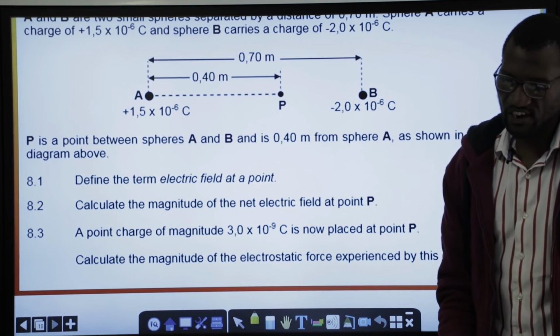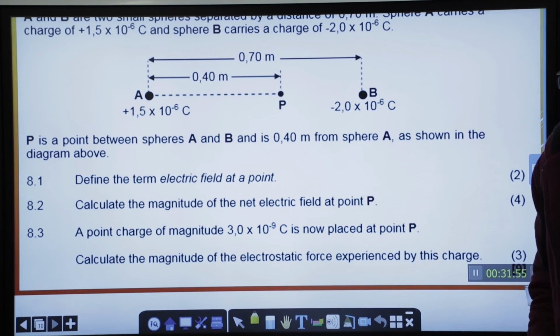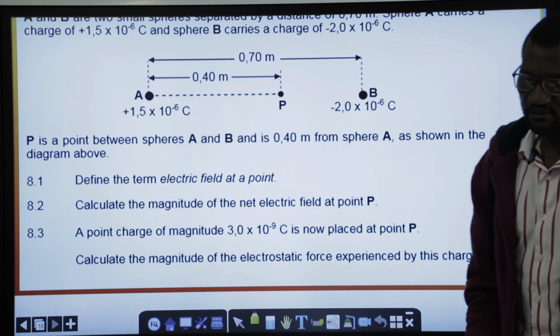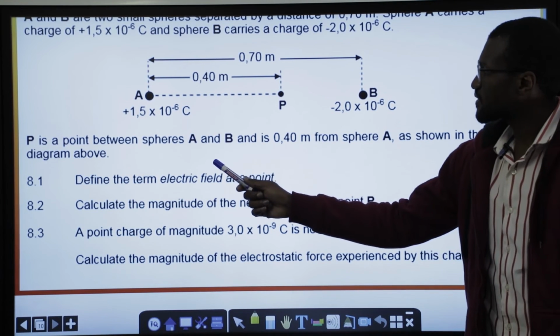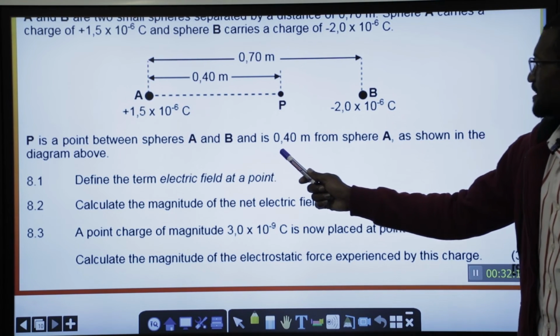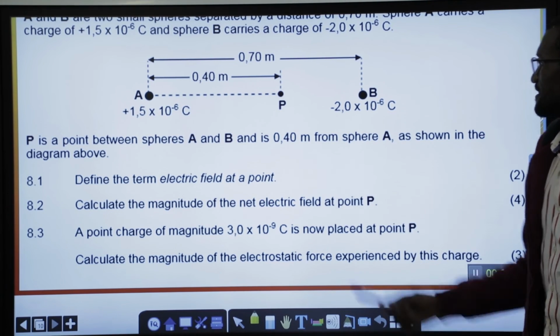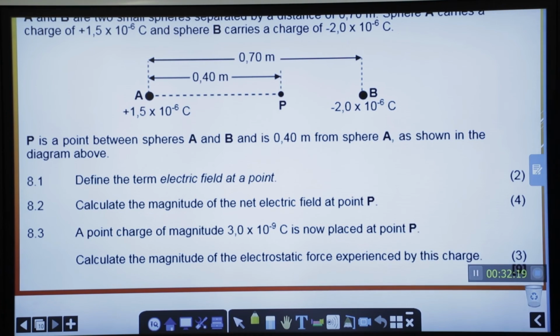Sphere A carries a charge of 1,5 times 10 to the power negative 6 coulombs, and sphere B carries a charge of 2 times 10 to the power of negative 6 coulombs. P is a point between spheres A and B and is 0,4 meters from sphere A as shown in the diagram above.